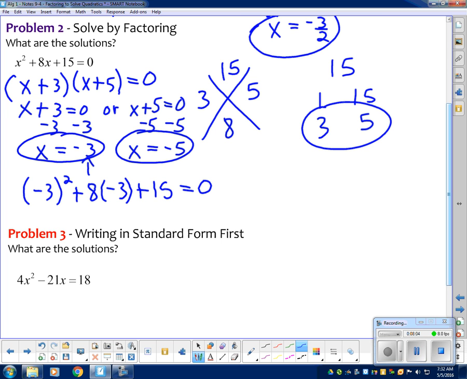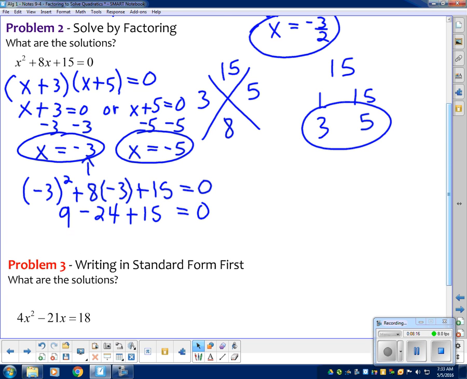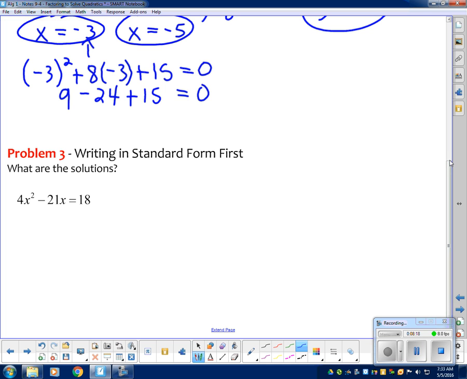Let's just check that. Negative 3 squared is 9, minus 24, 8 times negative 3 is 24, plus 15. Does that truly equal 0? Well, 9 minus 24 is negative 15, and negative 15 plus 15 is, in fact, 0, so it checks out.